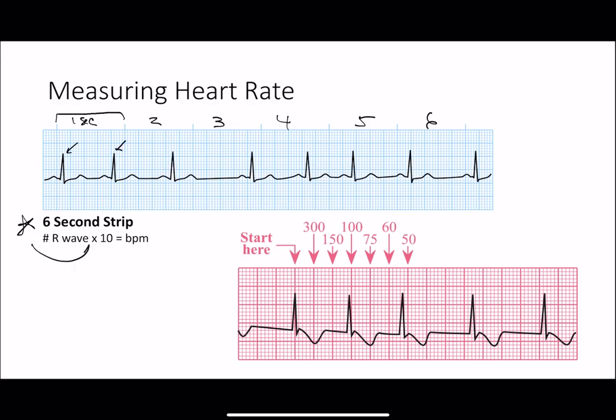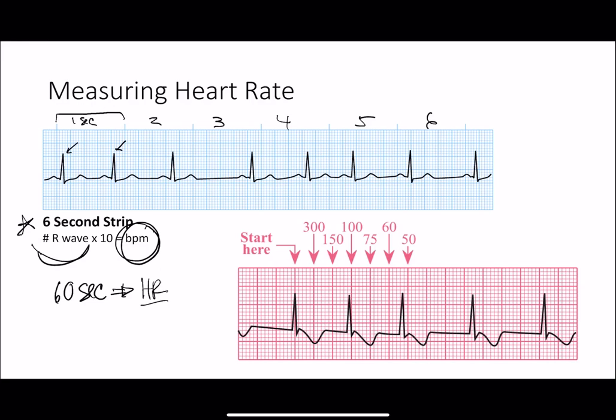So if you count the number of R waves present in a 6-second strip, and you want to know how many beats per minute, since there are 60 seconds in a minute, you multiply the R waves you see in a 6-second strip by 10 to get to 60, and you have heart rate. So you can get heart rate in 6 seconds.